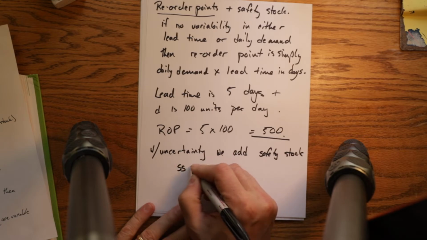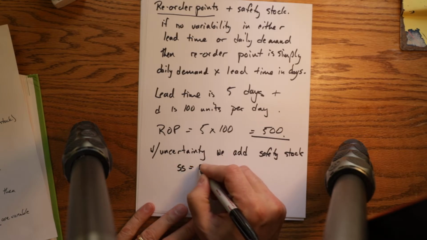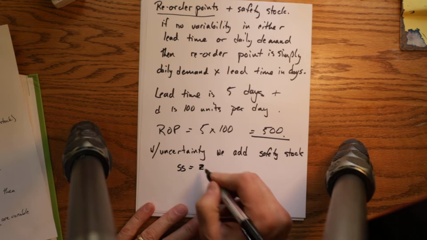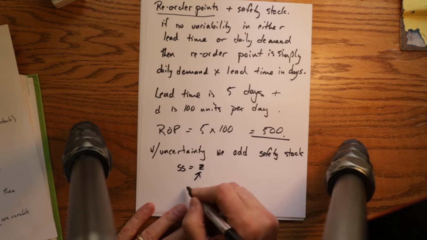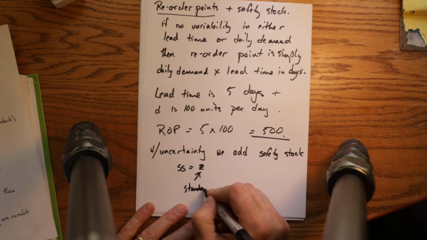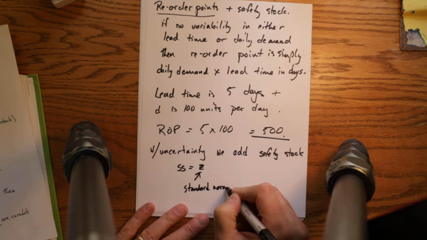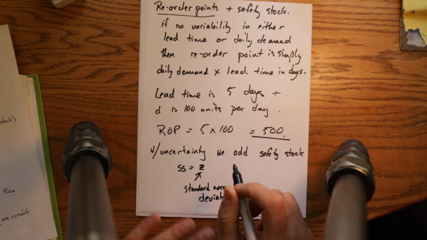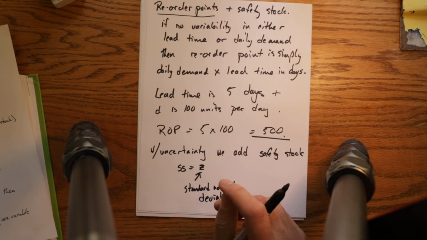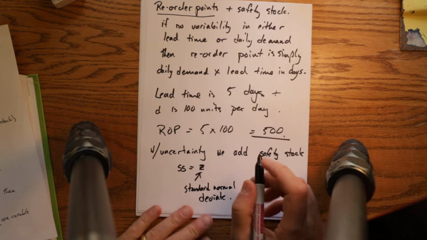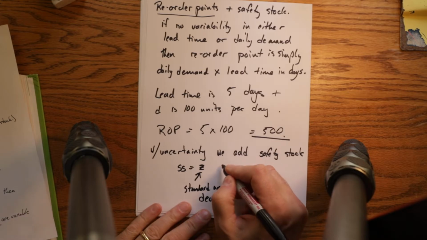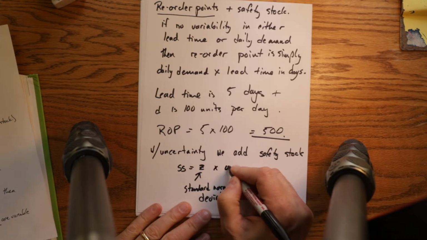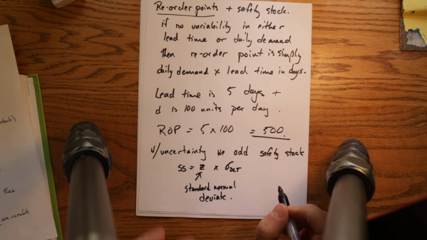So safety stock is equal to Z, which is just the standard normal deviate, and you choose Z based on the likelihood of you running out that you choose, times the standard deviation of demand over lead time.